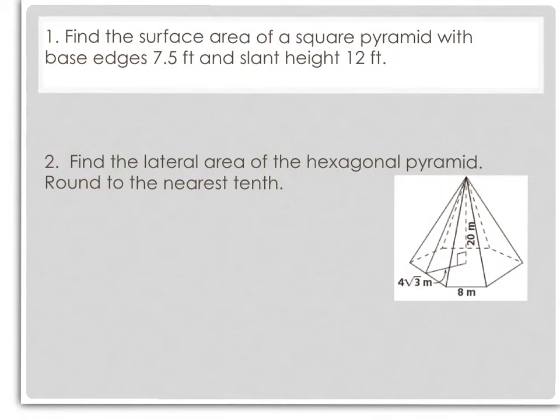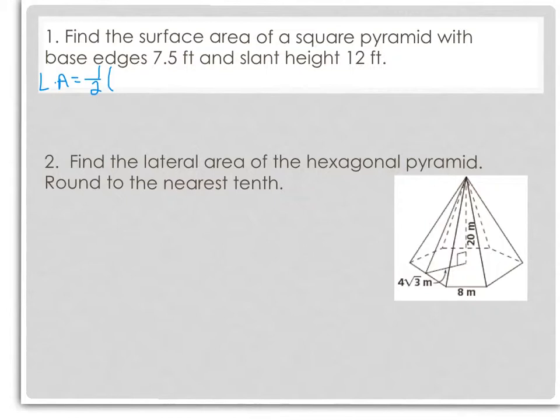In number 1, we want to find the surface area of a square pyramid with base edges 7.5 feet and slant height 12 feet. Well, we first have to find the lateral area. So lateral area is 1/2 times the perimeter.